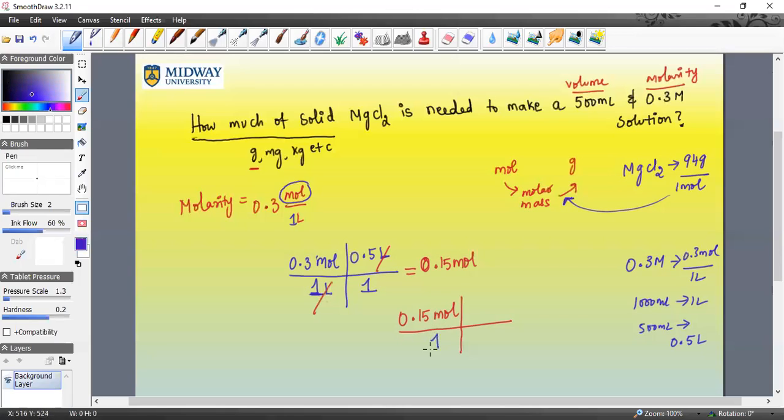So I'm just going to put 1 because there's no information available, and I know the molar mass is 94 grams over mole. Whenever you want to go from moles to grams, moles must be gotten rid of, so 1 mole goes at the bottom and 94 grams goes at the top. So the moles cancel out. That times 94 leads to 14.1 grams.